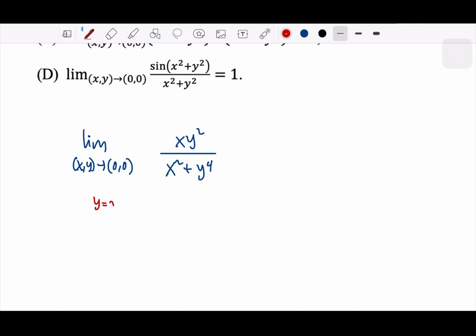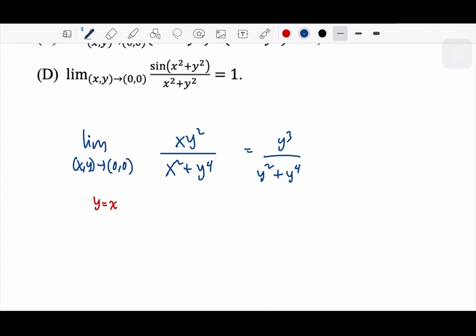y equals x, if we want to check, then x becomes y, so we have y cubed over y squared plus y to the 4.